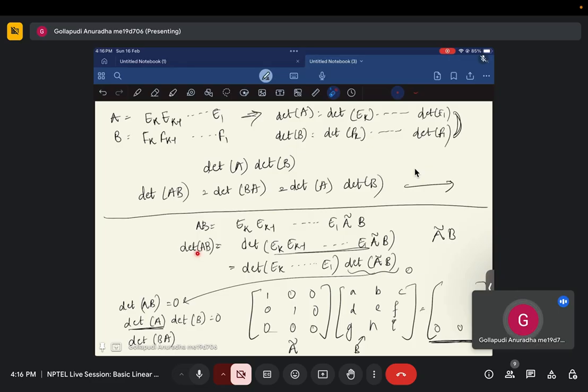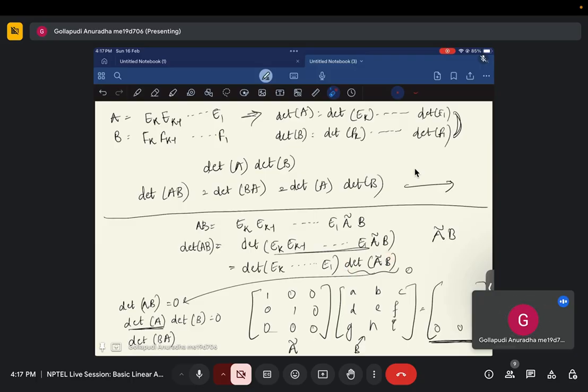Then determinant of AB: I pull out the elementary row operations, and keep the remaining normal matrix as determinant of A into B. For example, if A is singular, then I'll have some number of zero rows at the bottom, so the product also will have some zero rows. So ultimately the determinant will be equal to 0.